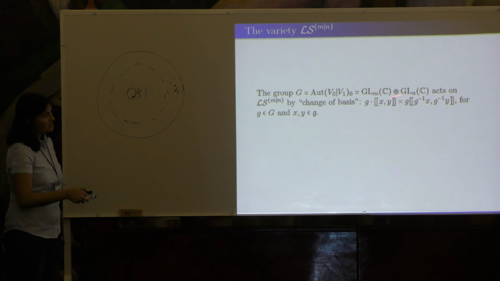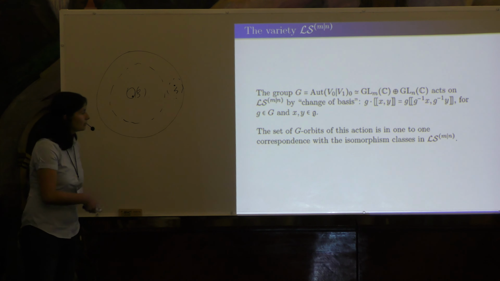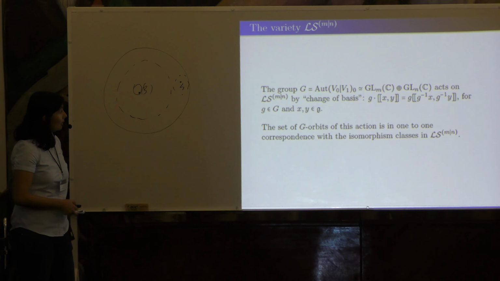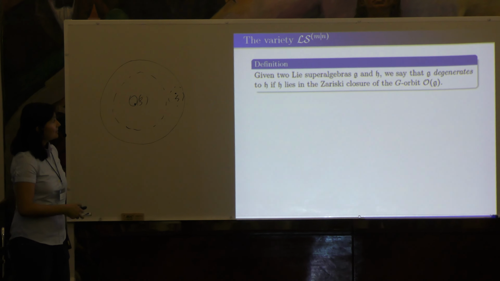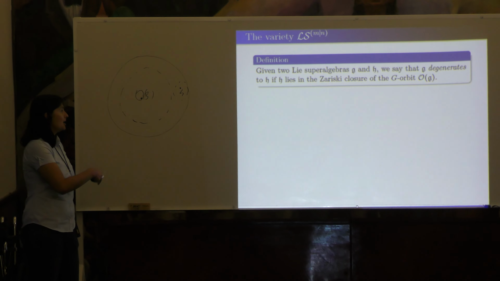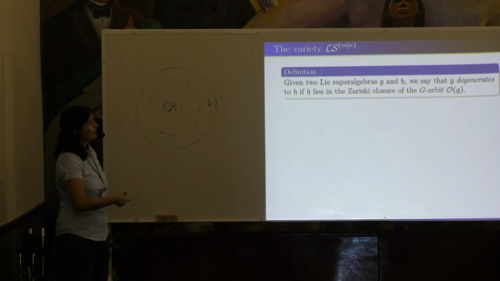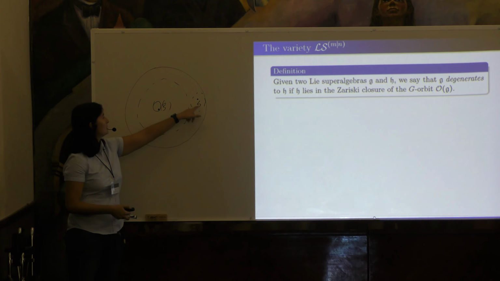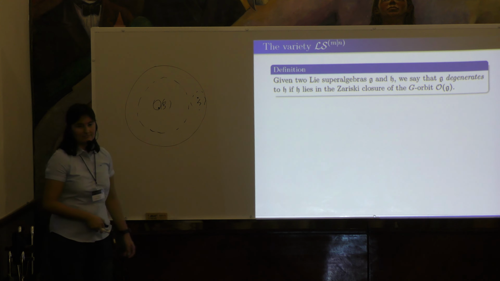This group acts by change of basis, and the set of G-orbits of the action is in one-to-one correspondence with the isomorphism classes in the variety. We say that a Lie superalgebra G degenerates to a Lie superalgebra H if H lies in the Zariski closure of the G orbit. In this case, G degenerates to H.